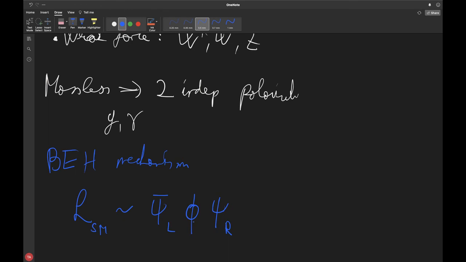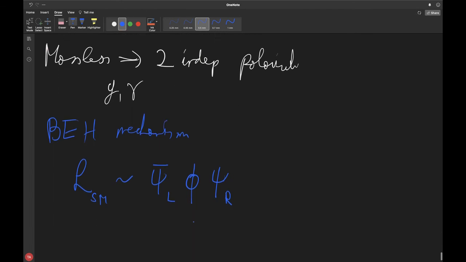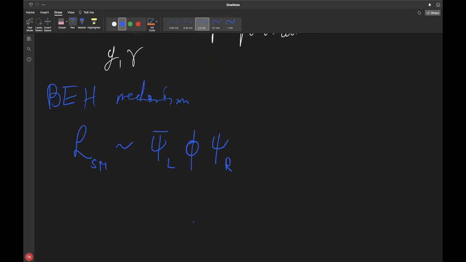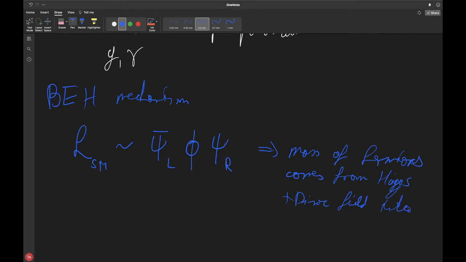So there are probably some factors in front of it, but it's going to be in the form like this, which gives mass to the fermions. Mass of fermions comes from the interaction of the Higgs plus Dirac field interaction.